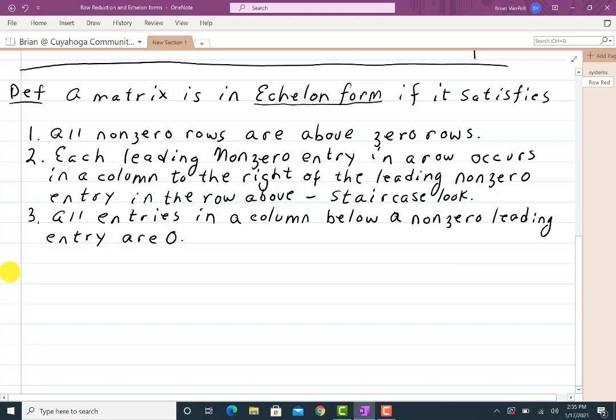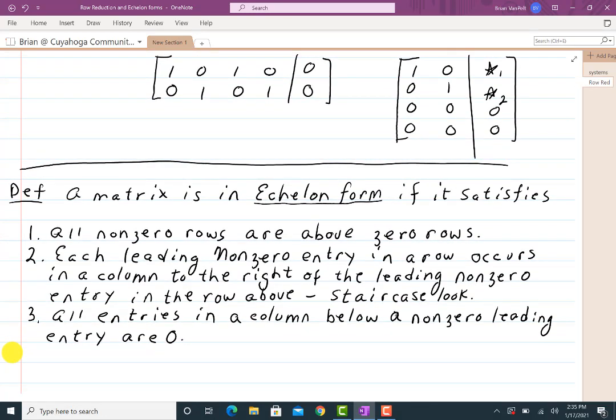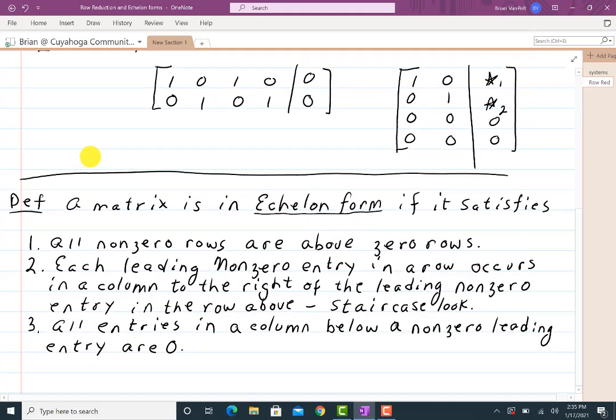All right, let's take a look at what that means. Let me pull back here and see if I can use one of these as an example. So let's take a look at all my entries in a given column. Here's a column. So all entries in a column below a non-zero leading entry.